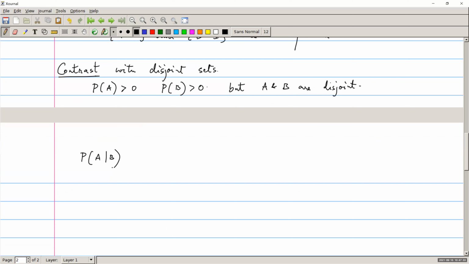When we say probability of A given B, we would say this is the probability of A intersection B divided by the probability of B. And we don't know the exact values of the probability of A and B except that they're non-zero. Now what is the probability of A intersection B if A and B are disjoint? If A and B are disjoint, what is A intersection B?